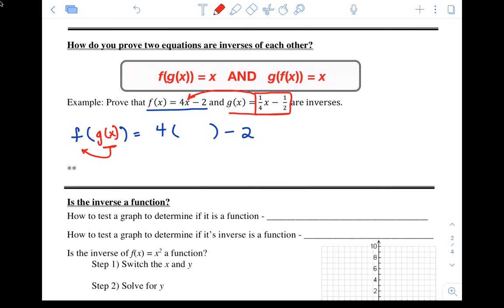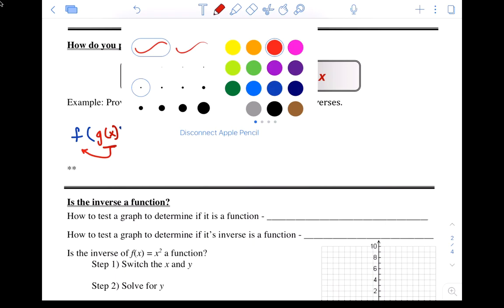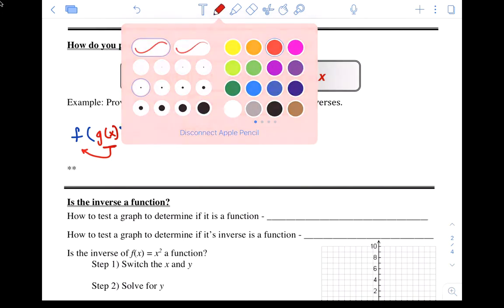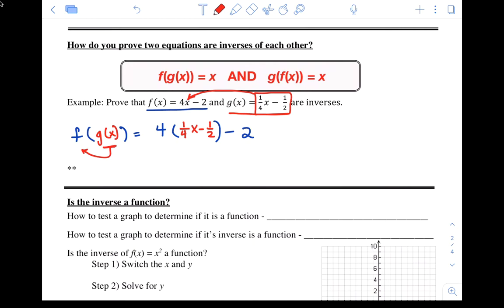That's the space that I have left, right there. So where x is, I'm going to sub in 1/4 x minus 1/2. Okay, so a fourth x minus 1/2 has just been plugged in for x, and now we're going to simplify.